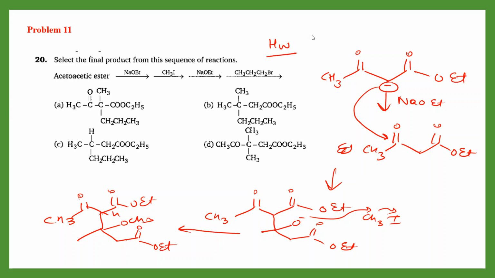In the first step, do the self-dimerization reaction. Then your methyl iodide is there, so do its reaction. Another step is given, another alkylation, so do one more alkylation, and whatever carbanion you are forming, react it with alkyl halide. Just try this. If you are unable to solve it, I will tell you in the next class.